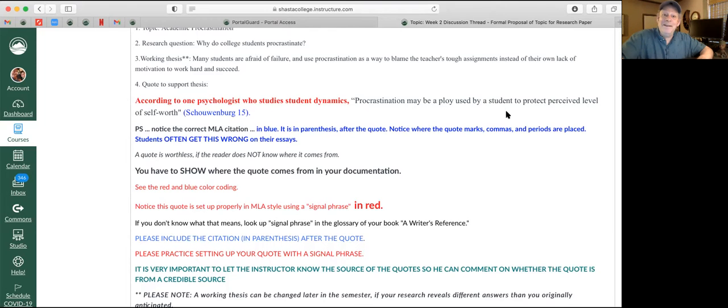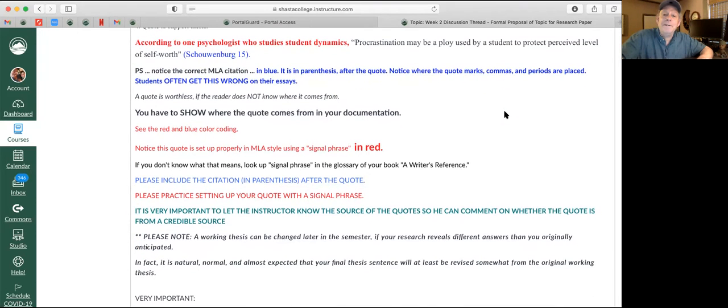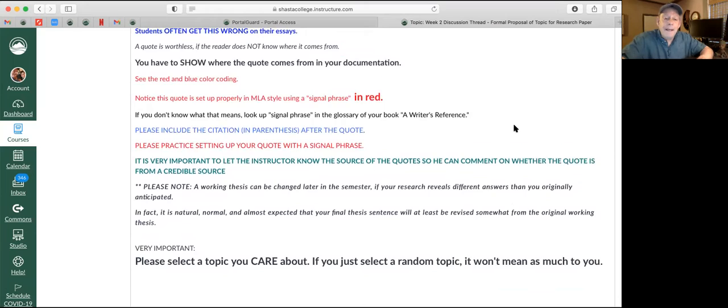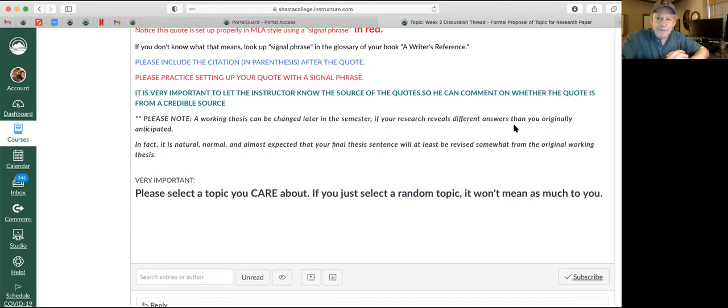Okay, now you need to find one quote to support this thesis. Notice that this is all color coded with what's called an MLA style signal phrase in red to set up the quote and a citation after the quote. And here's a quote that supports the thesis. And I want to talk about that idea of a research question later. I'm going to talk about the idea of a thesis later. It's too much for this video right now.